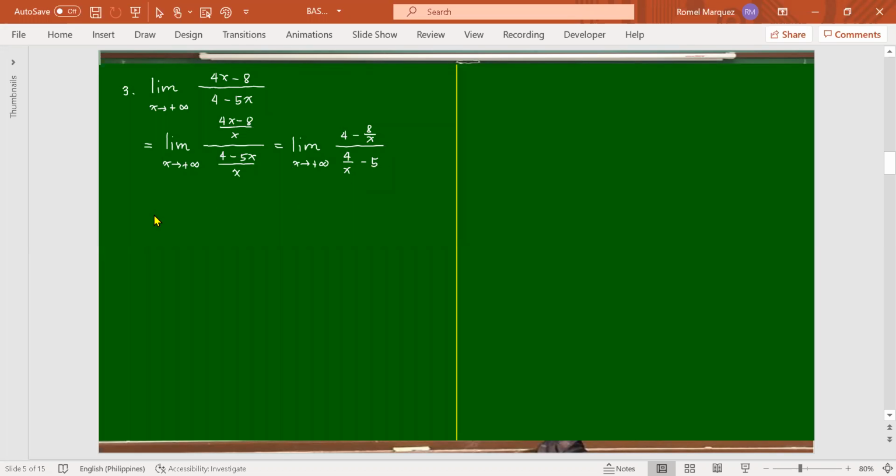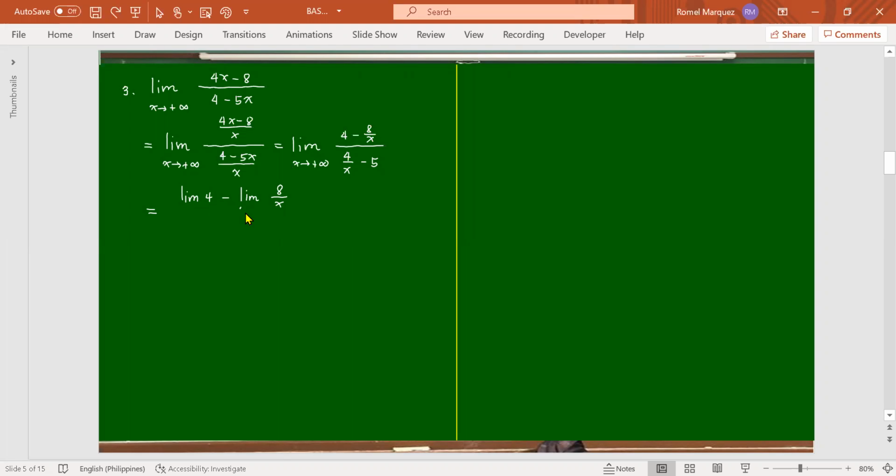And then we apply the limit properties. Does the limit of 4 exist? Yes. Does the limit of 8 over x exist? Yes. So you can now write the limit of 4 minus the limit of 8 over x. Why can you split it? Because the limits of each term exist.